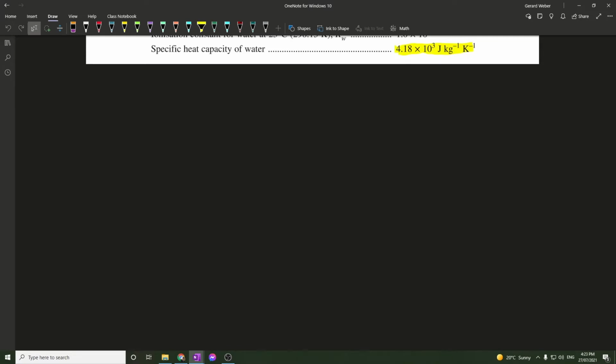So I'm just going to straight away convert that into 4.18 joules per gram per Kelvin. All I'm doing is dividing by 1,000 to find what it is for grams. So let's have a go at calculating our Q, equal to mc delta T, for ethanol and butanol.